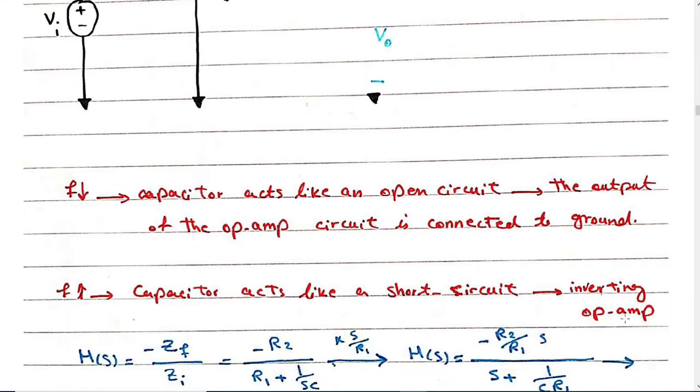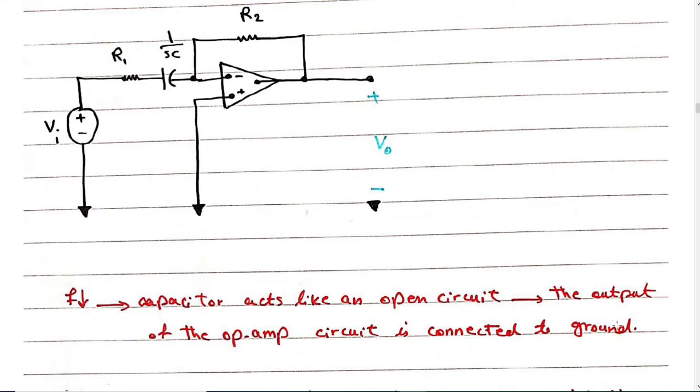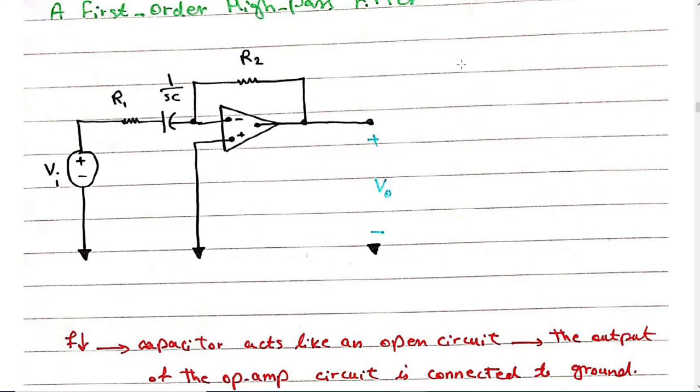Now, find the transfer function for this high pass filter. What is the transfer function? Vout over Vi. So find the relation between the output voltage and the input voltage.